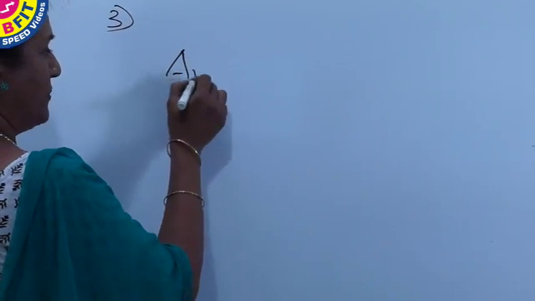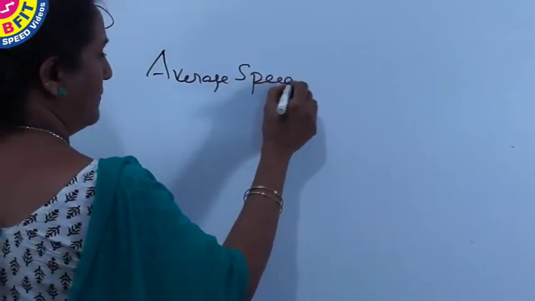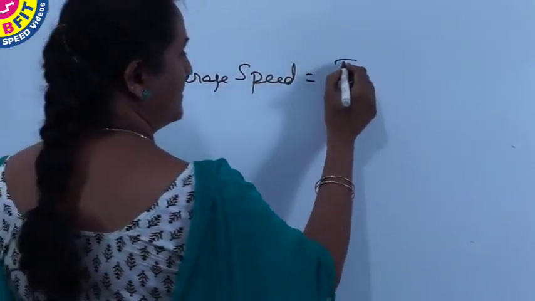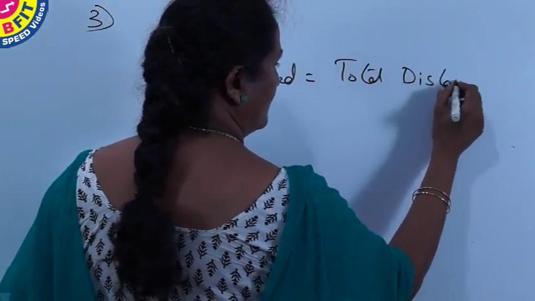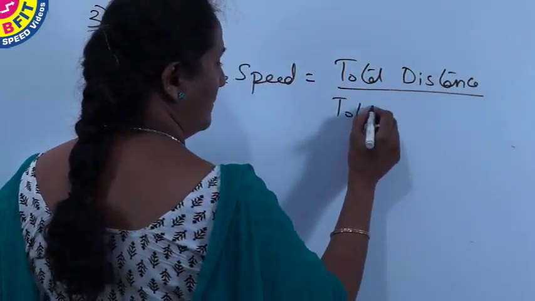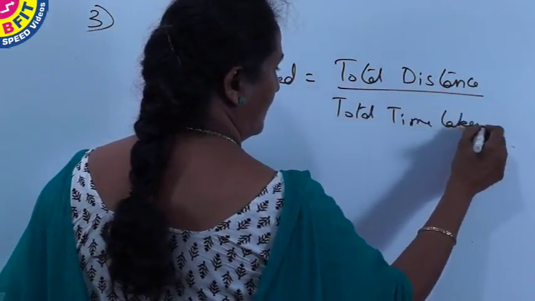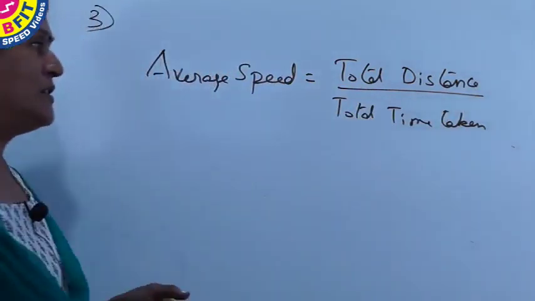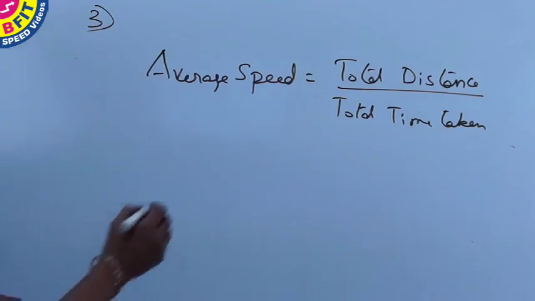We need to find the average speed here, where average speed is got by total distance by total time taken. Here the total distance is the distance covered by Sharma by car and the flight.